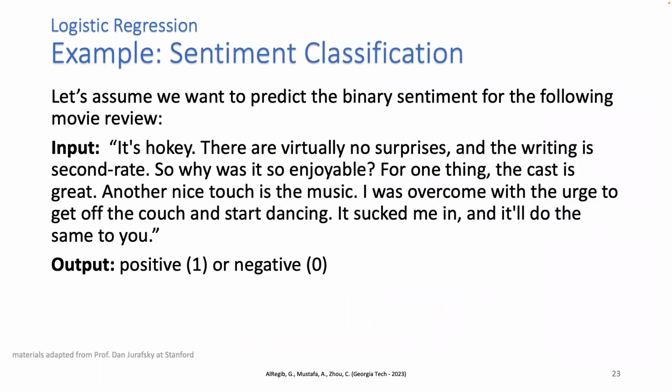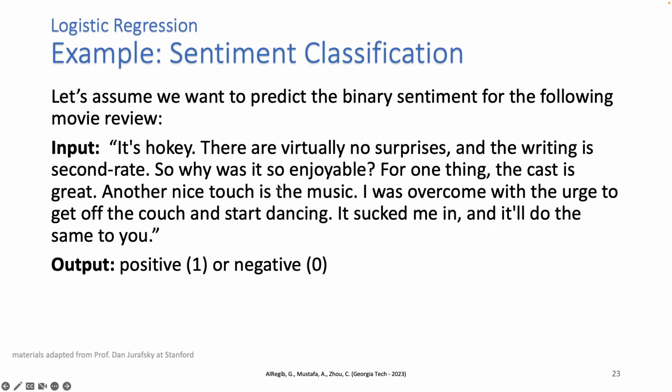Here is an example of how we can set up a problem. I will not go through the detail; you can go through this at home. We have this input, and the output will be either positive or negative. We set up our problem by first deciding what the features would be.